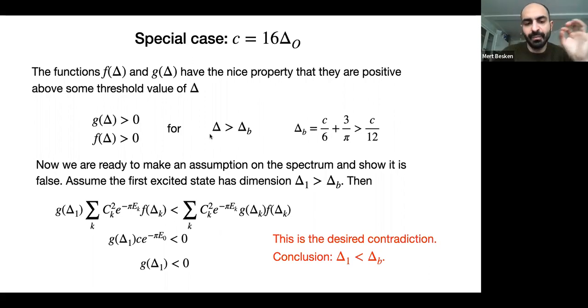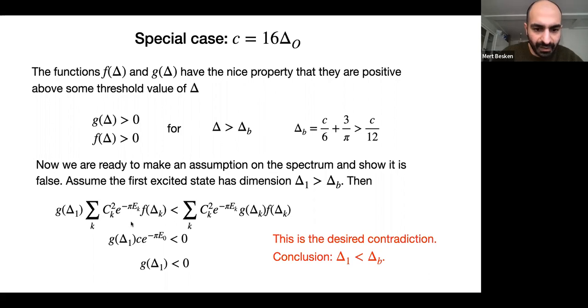So now we're ready to make an assumption on the spectrum and show that it is false. We're going to assume the first excited state has dimension delta 1, the 1 denotes the first excited state, greater than this delta bound. Then what do we end up with? We end up with this set of inequalities here.